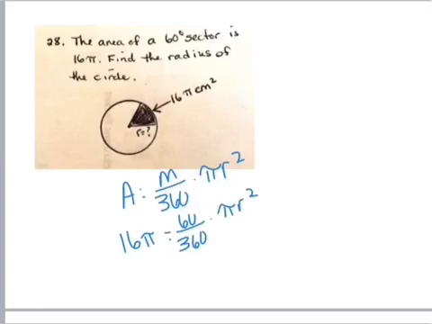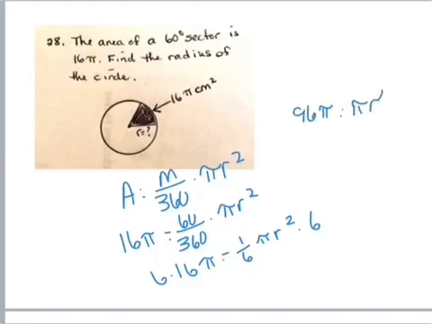So I'm going to go ahead, 60 over 360 simplifies down to 1/6. And then I'll multiply both sides by 6. And when I do that, I'm going to get 96 pi would equal pi r squared, because my 1/6 and my 6 will cancel.